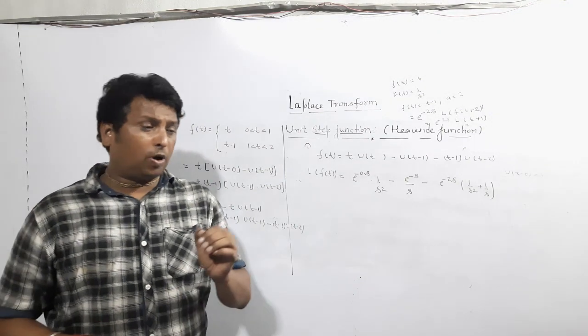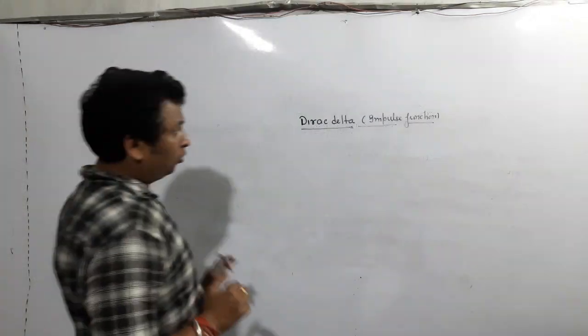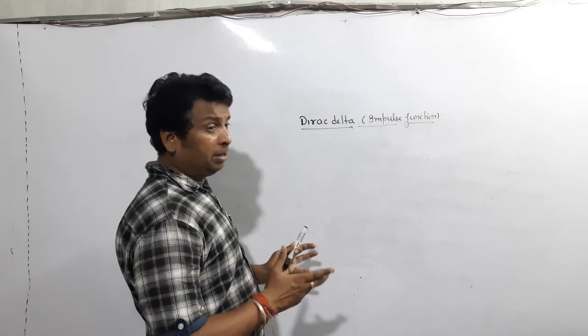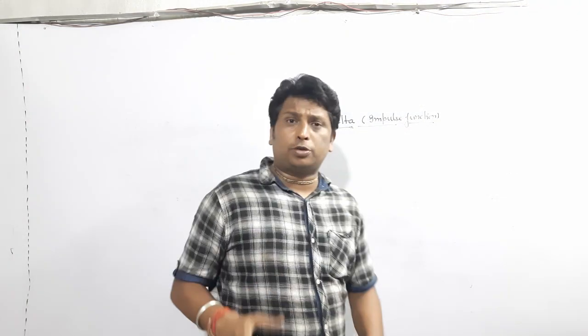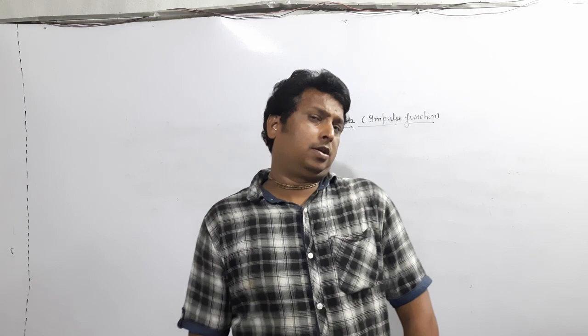So now I will explain the next concept, that is called the Dirac delta function or impulse. We know impulse force means what? In physics we studied that when a heavy amount of force acts on a body for a very small time, that force is known as an impulse function. The same type here. How do we define the function? See here.